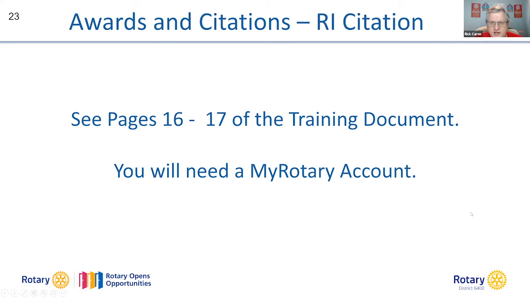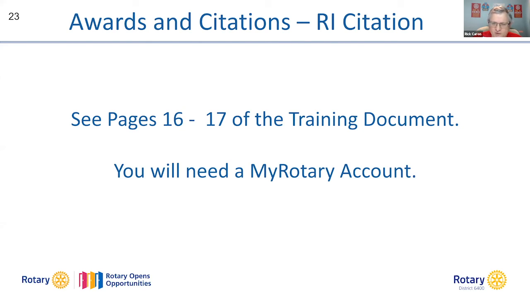For the Rotary International Citation, you need to have a My Rotary account. Now, congratulate yourselves, because I've never seen a year where so many presidents have had the My Rotary account already set up. It's laborious, but I can go online and look at every club member and see whether or not they have a My Rotary. In this group of AGs and presidents, I think there are 5 or 6.